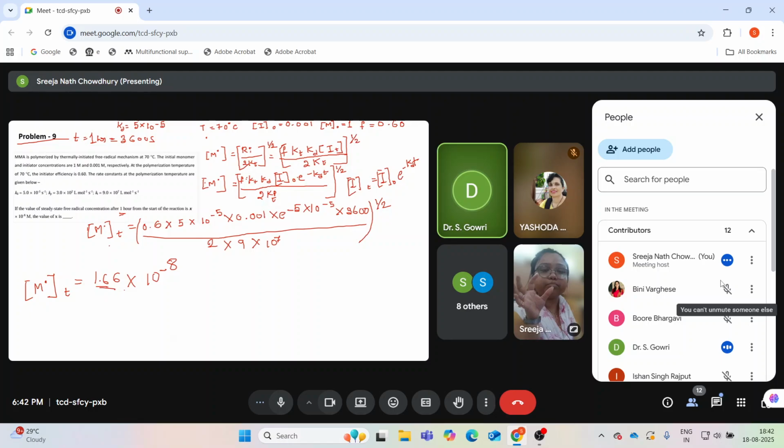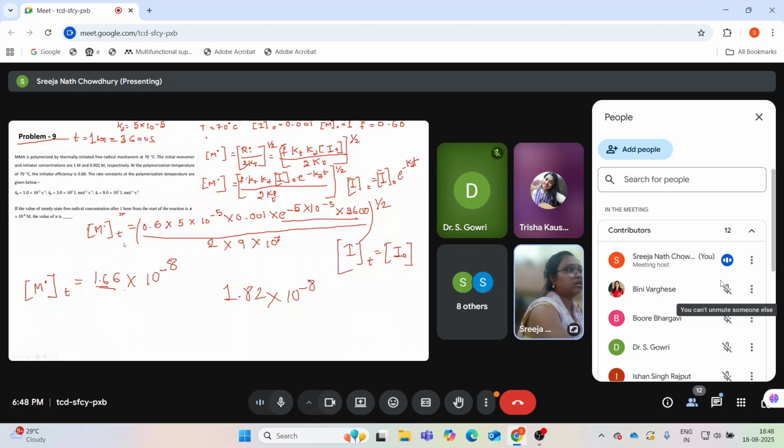So in this case, 1.45 is the number of initiator fragments, the maximum number. Okay, so it is the fraction, the initiator concentration at that time divided by the original concentration, right? Let me go to the previous slide where the formula is given. That will be clear for you. One minute.